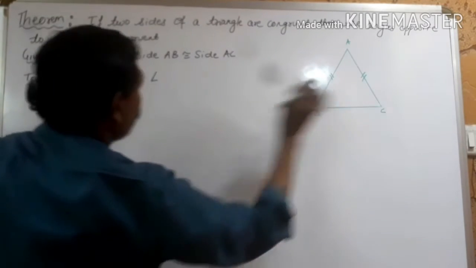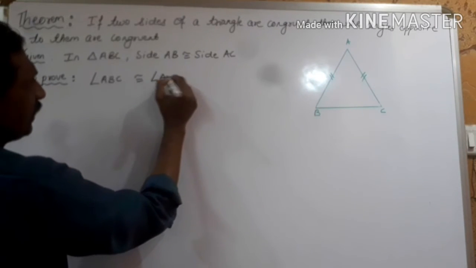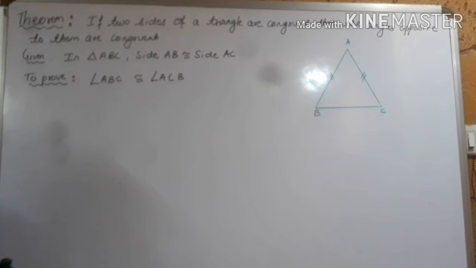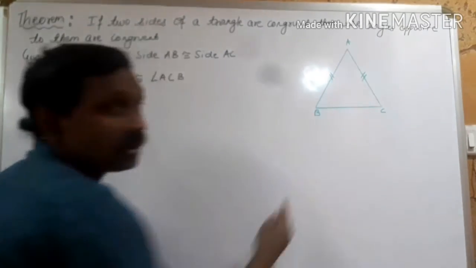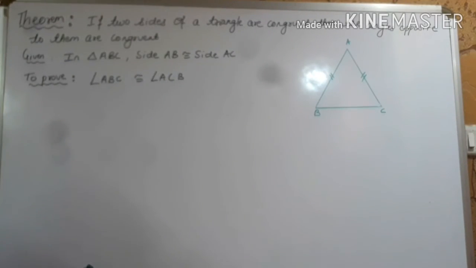That means this angle is congruent to this angle ACB. This we have to prove. To prove this, children, we have to draw a bisector over here, at angle A. So first let us draw the bisector at angle A.